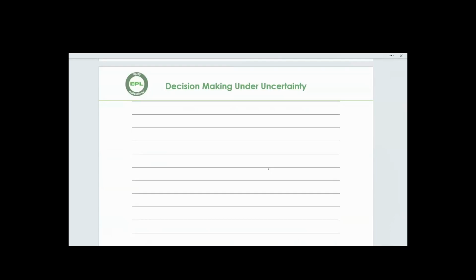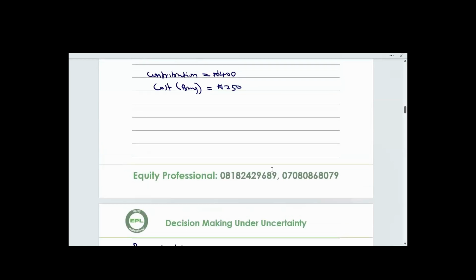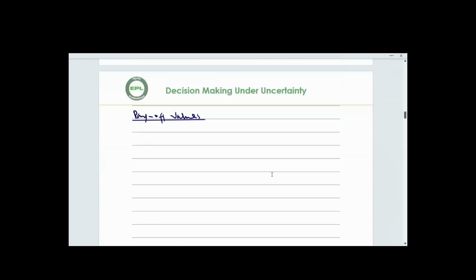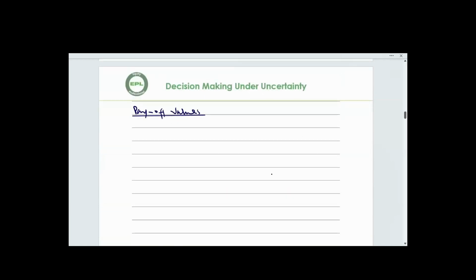So to get the payoff values, you are going to pick the first column. Let me construct the payoff table first before the payoff value.